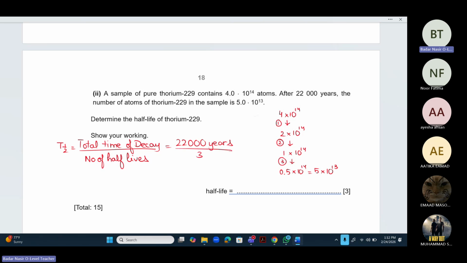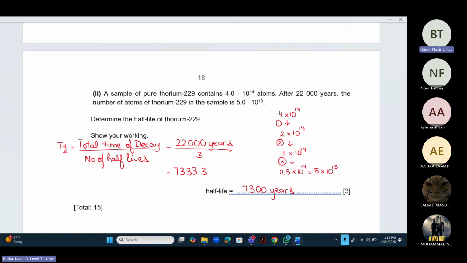So 22,000 divided by 3 is 7,333 years, rounded off to two significant figures. So the final answer is 7,300 years.